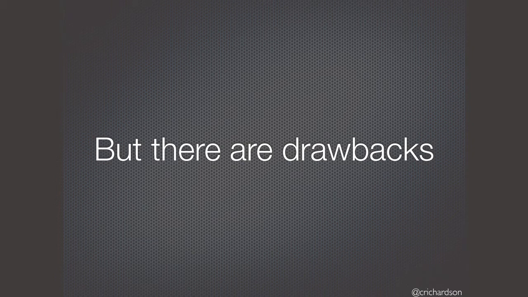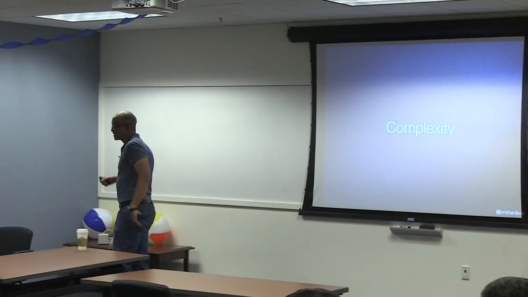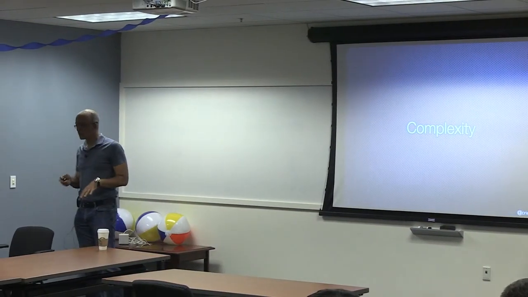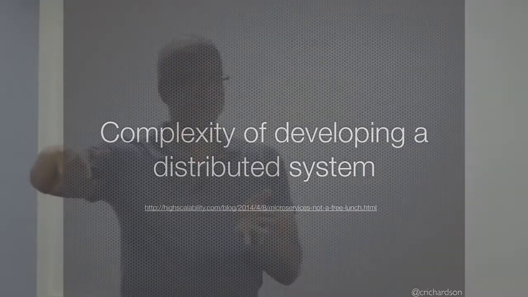So a lot of great benefits, but then there are a whole bunch of drawbacks as well. So number one, complexity. The monolith approach is kind of simple, but in comparison, the microservices architecture has all these different levels of complexity. For example, you are now building a distributed system. Whereas before, when module A called module B, that was just a language level method call, which is really, really simple.